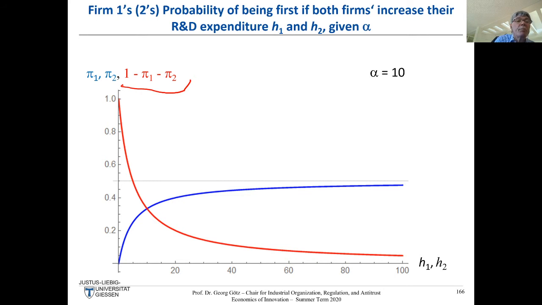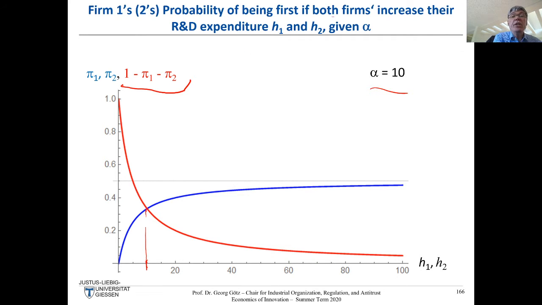Okay, but still there's a probability that they don't find this vaccine. And pretty much here you see, this is for alpha 10. Here you again have our case of 1/3. So each of the 2 firms has a probability of 1/3 to be successful. And with a probability of 1/3, no one comes up with this innovation. Okay?